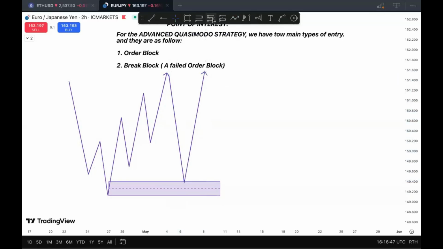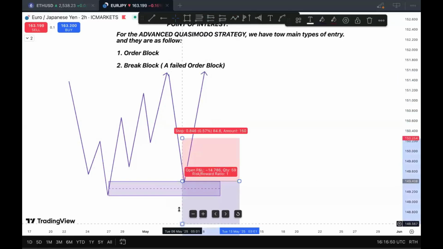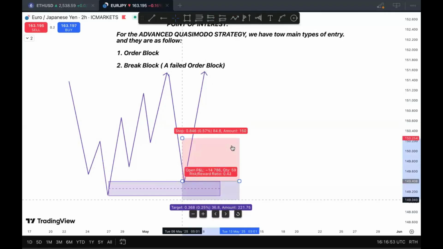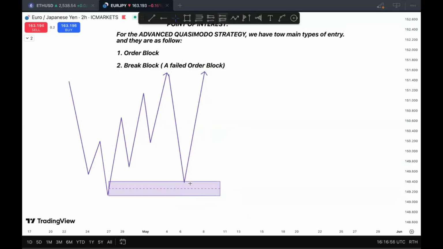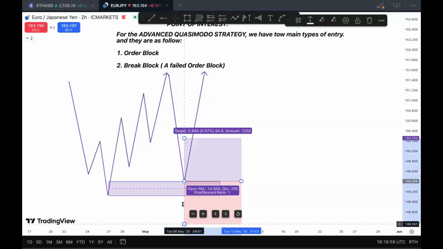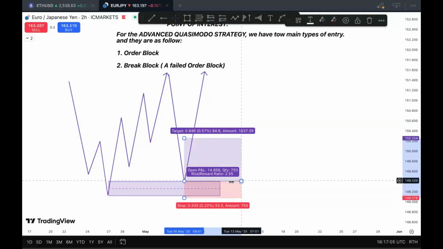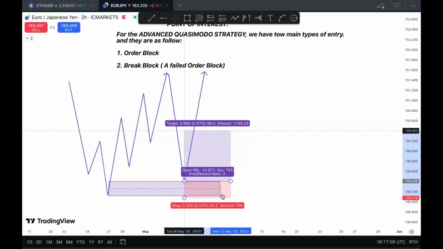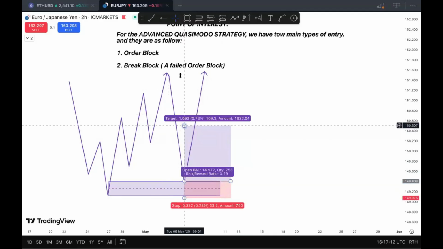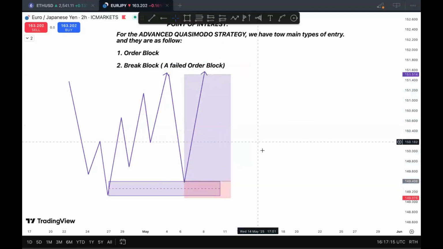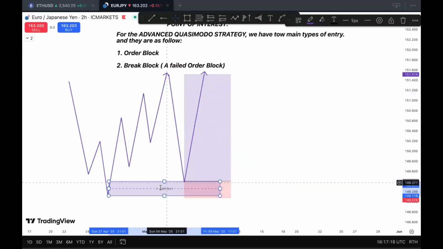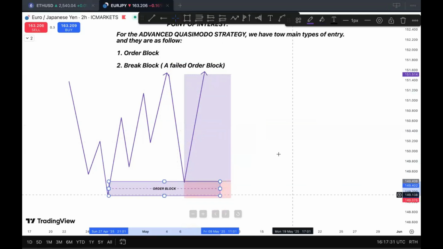So you want to set your order here, and then place your stop loss slightly below the protected low, and your target is the recent high. So this is the order block entry.